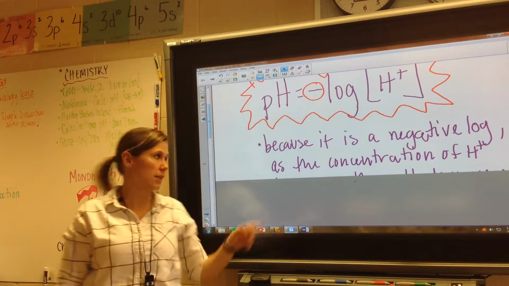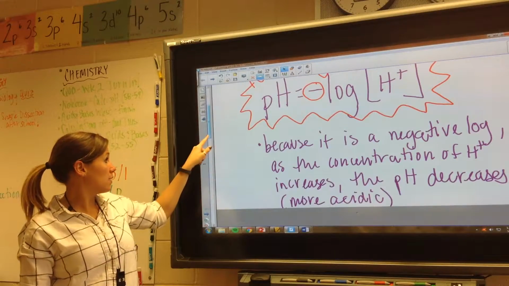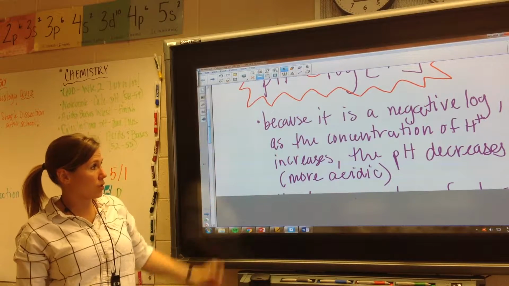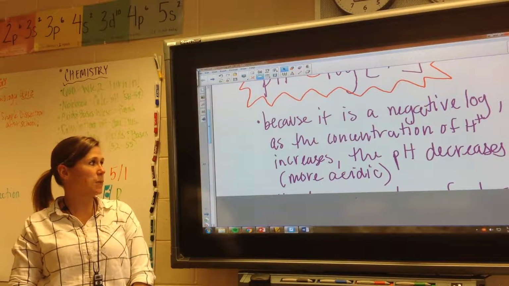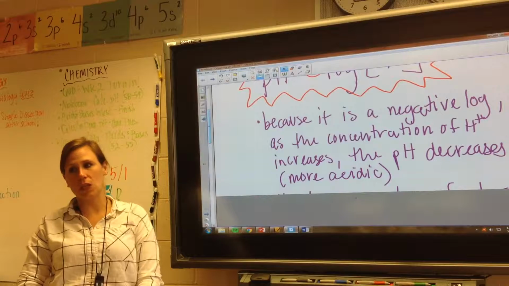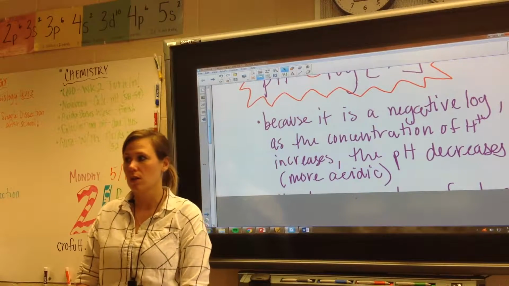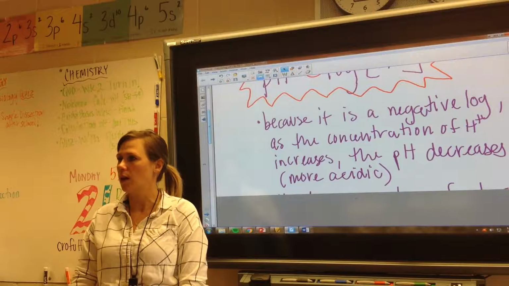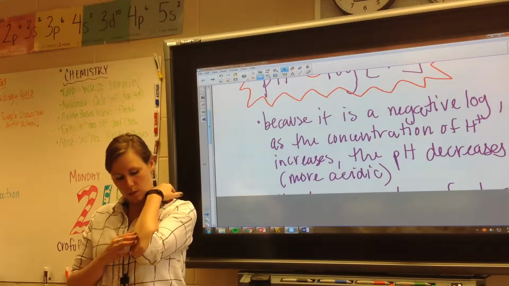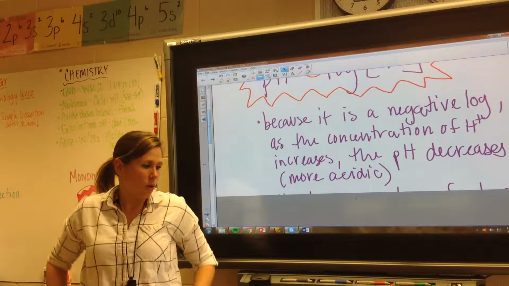So more acidic it is. That number will go down the more hydrogen ions you have. Basically, the more acid you have, the more acidic it's going to be. Make sense? Cool.